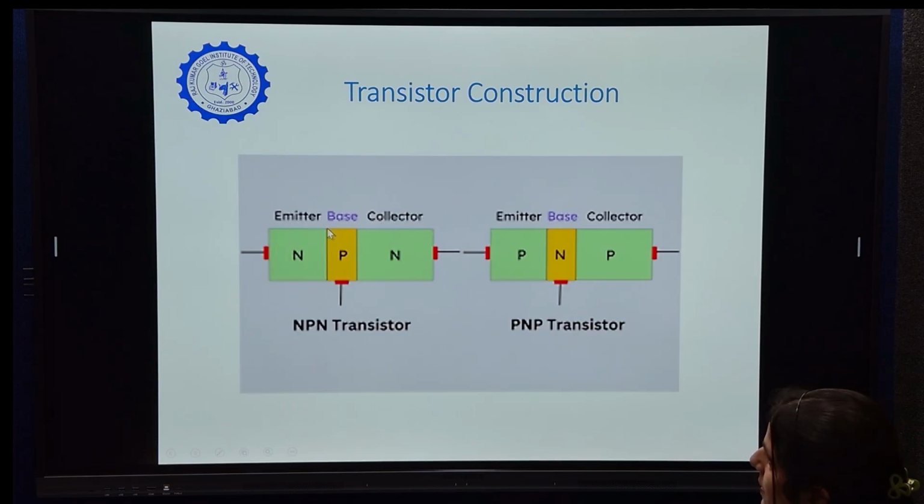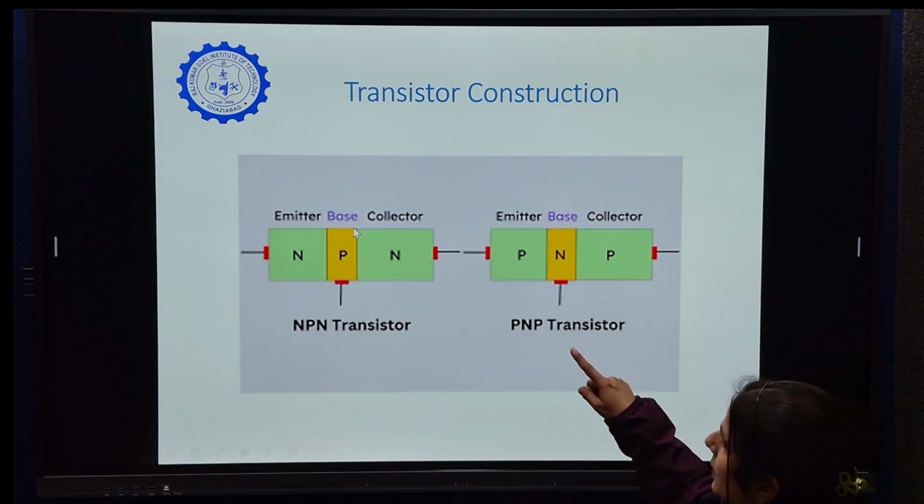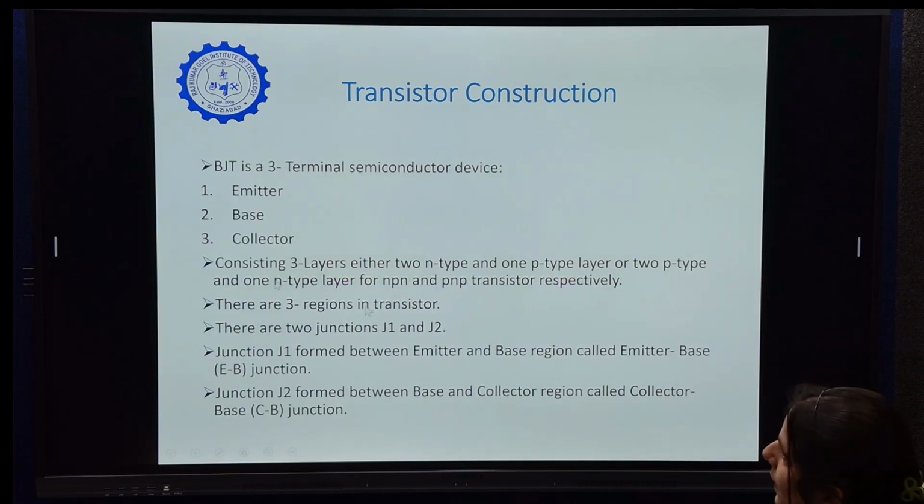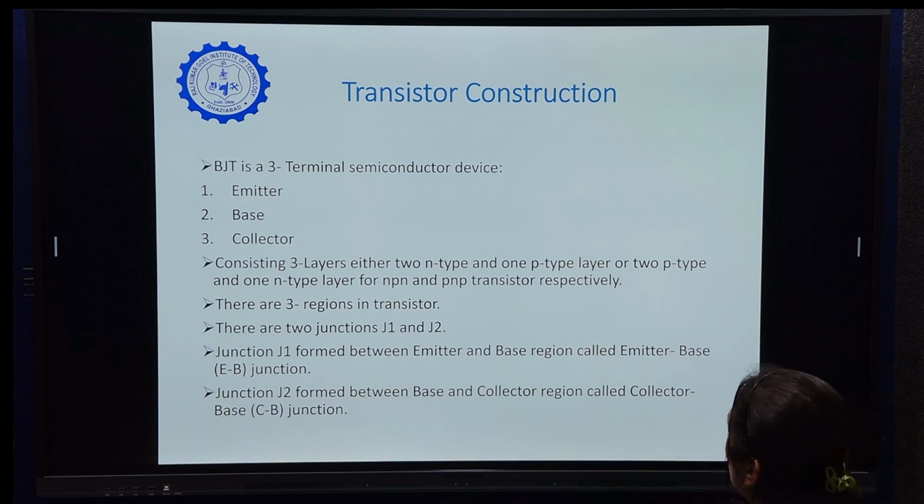Junction J1 is called the emitter base junction and junction J2 is called the base collector junction. Here BJT is three layers, either two N-type and one P-type layer or two P-type and one N-type layer for NPN and PNP transistor respectively.